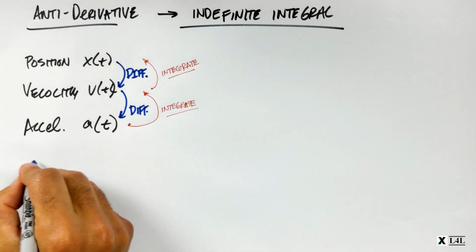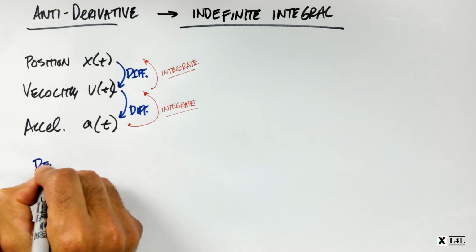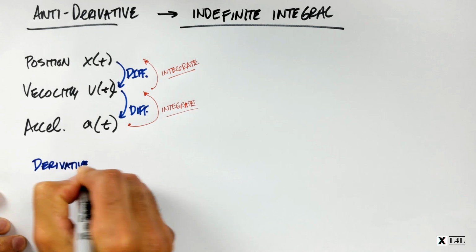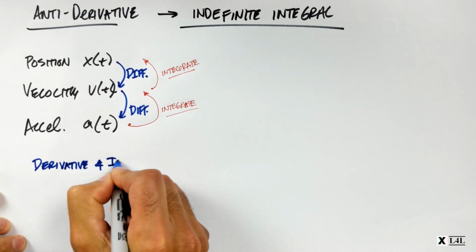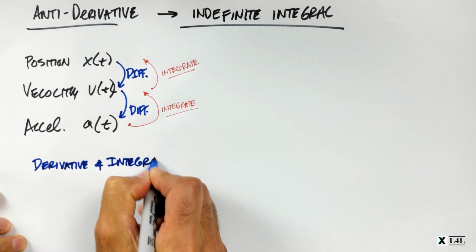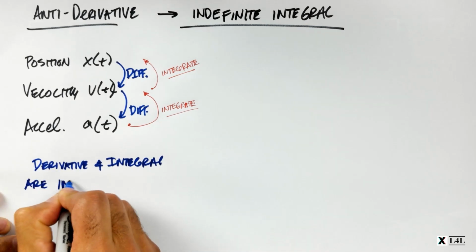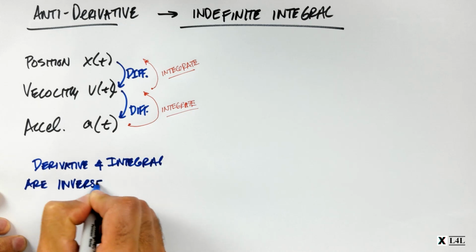So derivative and integral are inverse to one another.